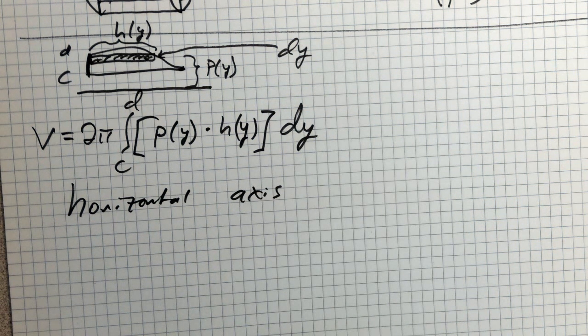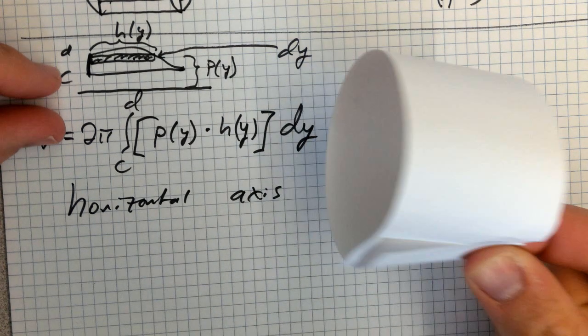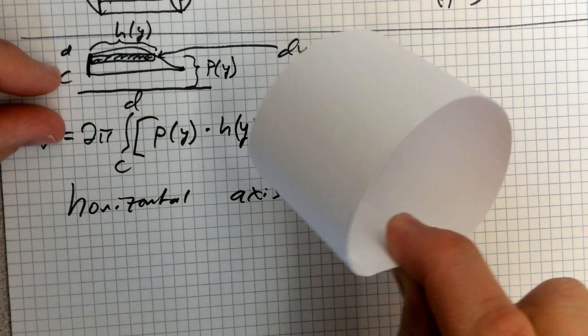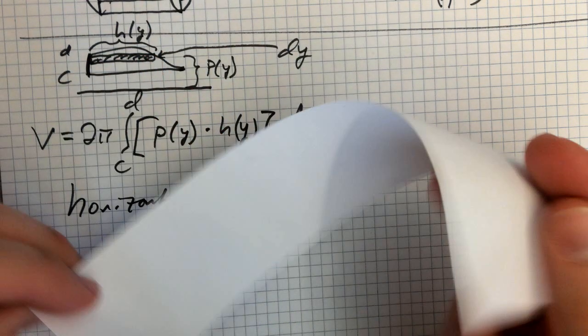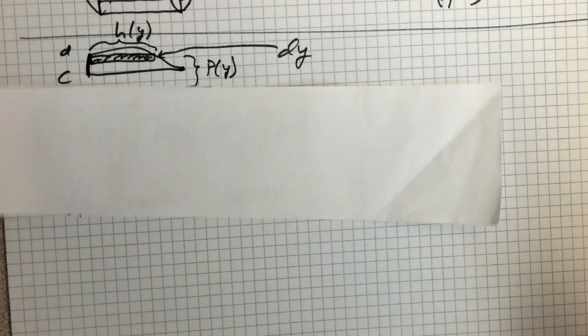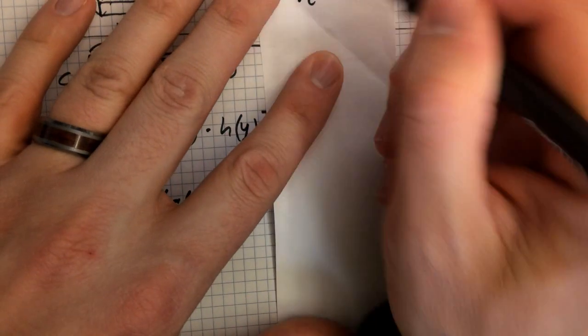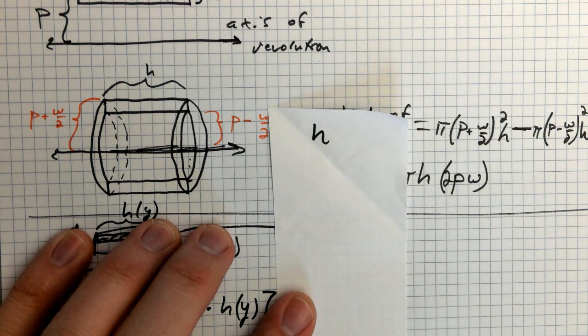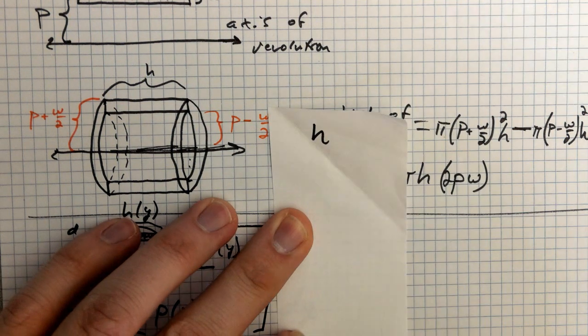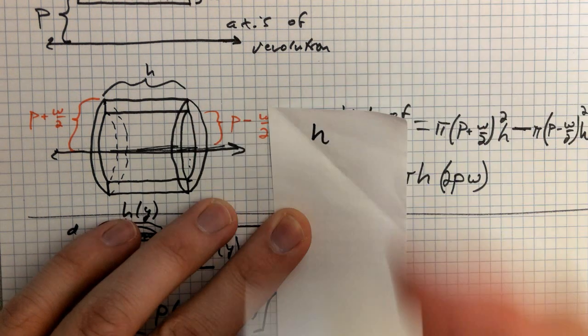To see why that might be, imagine this shell is infinitely thin. So this is our shell. If you were to cut it and stretch it out like this, then if we label the pieces, this would be the height of the shell, h. It was rolled up like this, so we unroll it.